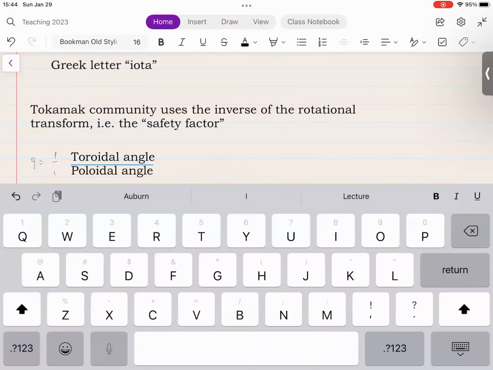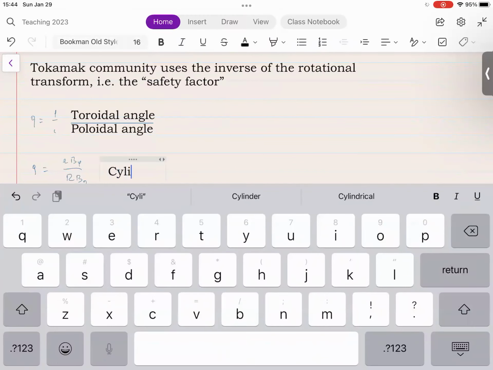So if you wonder what the value is going to be like in your tokamak, you can take the local values of B phi and B theta and get a reasonable estimate this way.